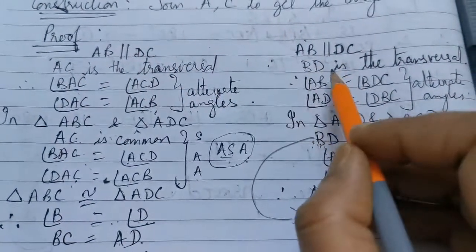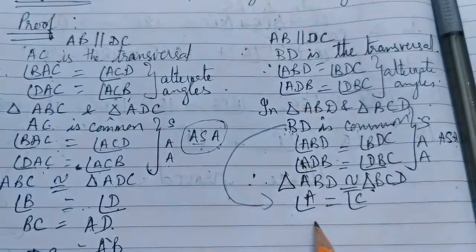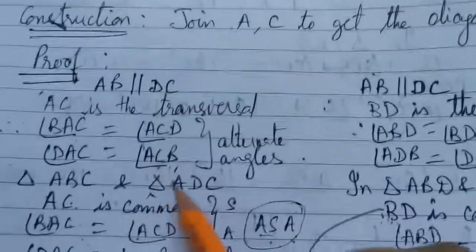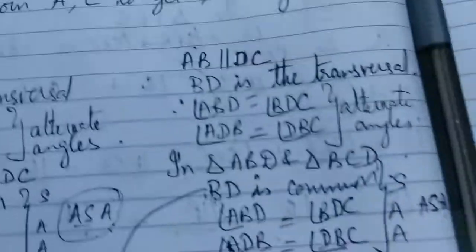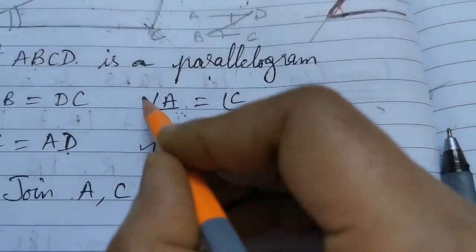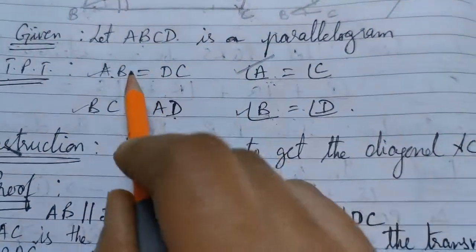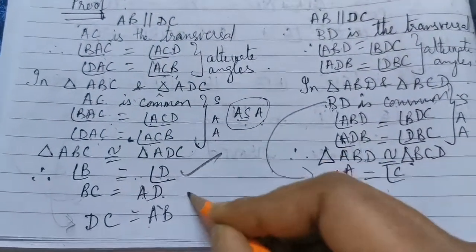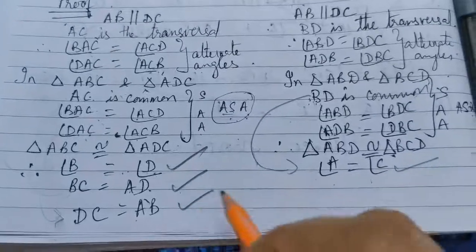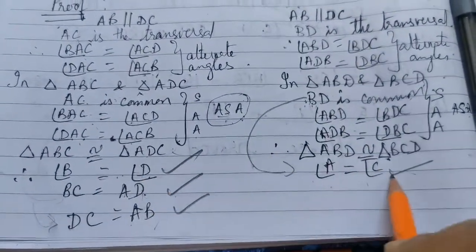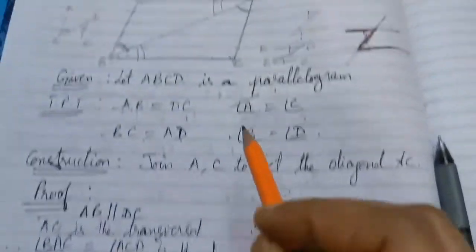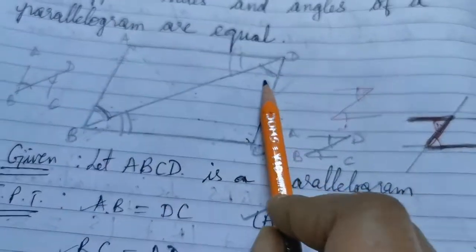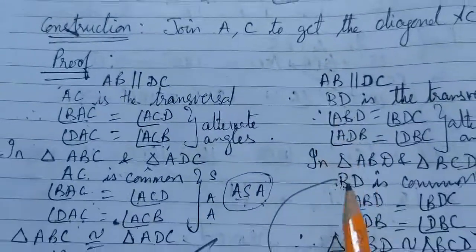By taking the diagonal BD as the transversal, I proved angle A is equal to angle C. Now opposite sides are equal and opposite angles are equal, proved by taking AC as the transversal first and BD as the transversal in the second place. Thank you.